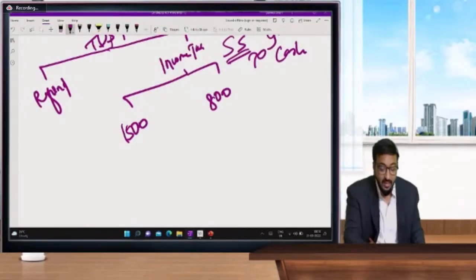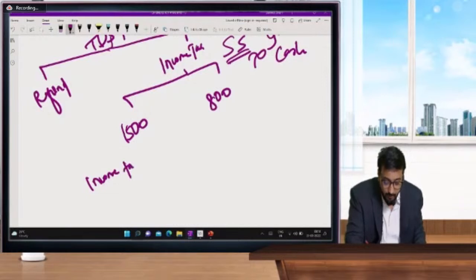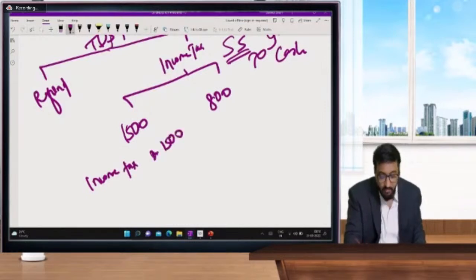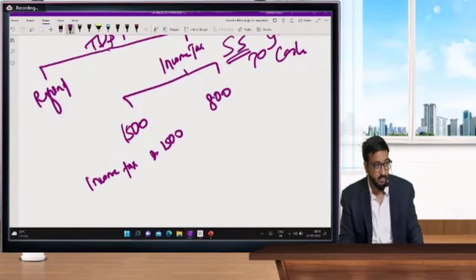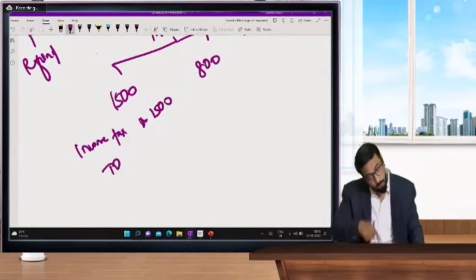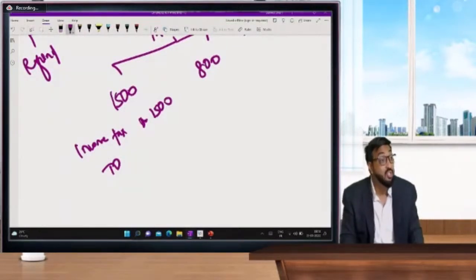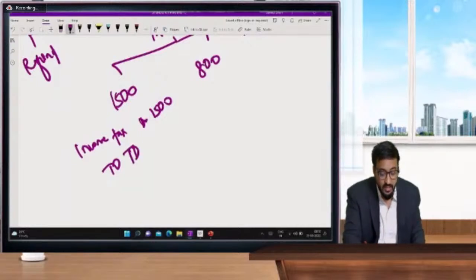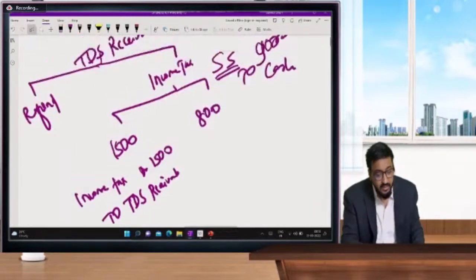So now my income tax account debit, my expenditure will be 1,500. Correct hai? My expenditure will be 1,500. Should I pay full 1,500 or should I adjust that in TDS? Adjust. How much TDS I will adjust? 500. कितना TDS adjust करूंगा मैं?